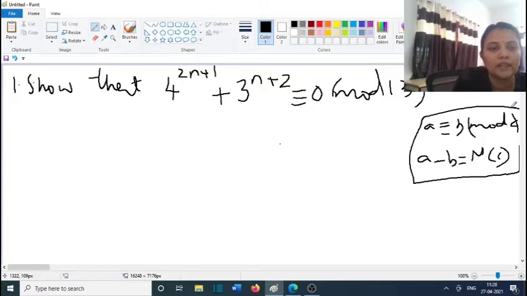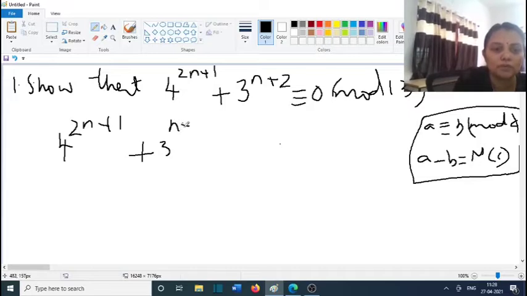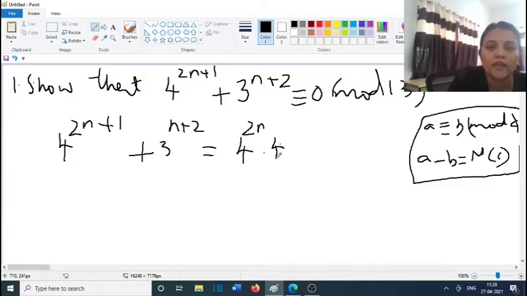So we can take 4 raised to 2n plus 1 plus 3 raised to n plus 2, which is equal to 4 raised to 2n into 4, since a raised to m plus n is a raised to m into a raised to n, plus 3 raised to n into 3 square.